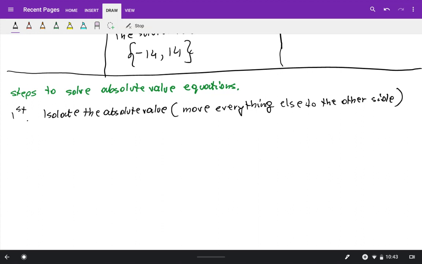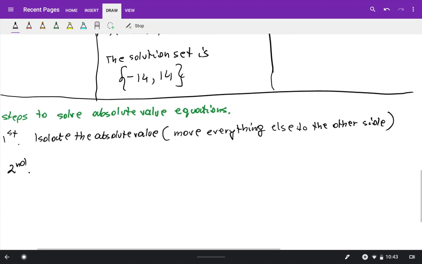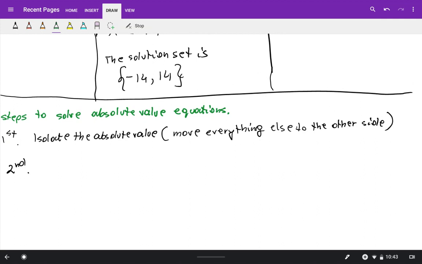Okay, second step. I will be referring to the absolute value of x equals a.